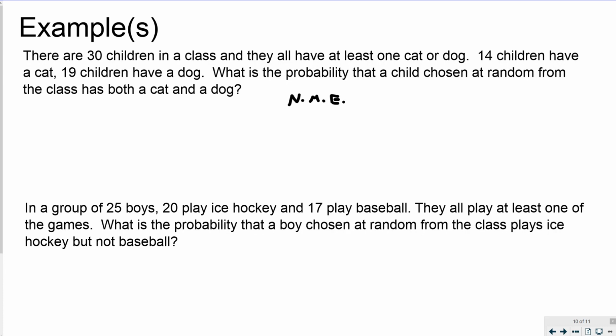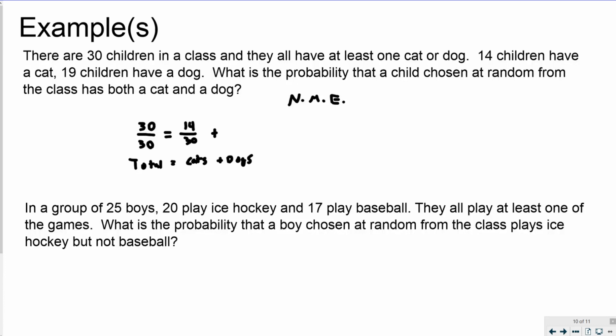Okay, so there are 30 children in a class, and they all have at least one. So we know that the total probability here, 30 over 30, is equal to 14 children having a cat. So the total here, trying to just write out everything, is equal to the cats plus the dogs.